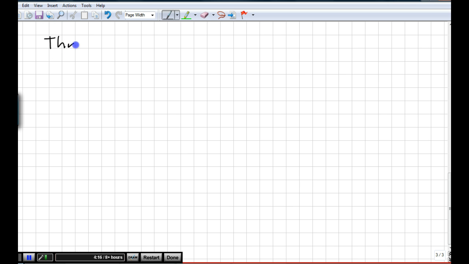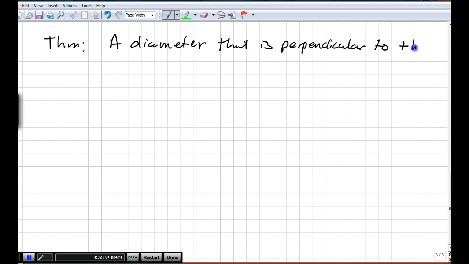Our next theorem says a diameter that is perpendicular to a chord bisects the chord and its arc.